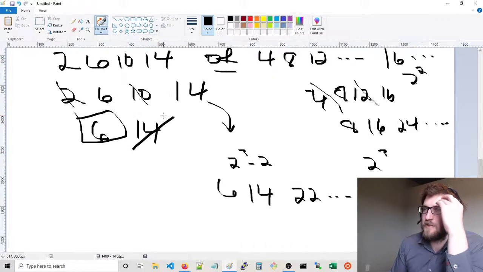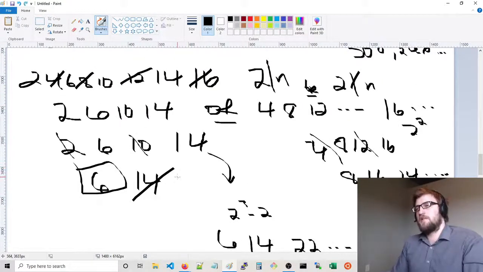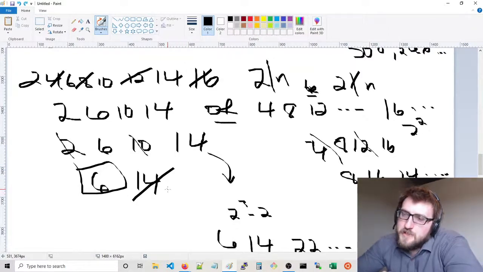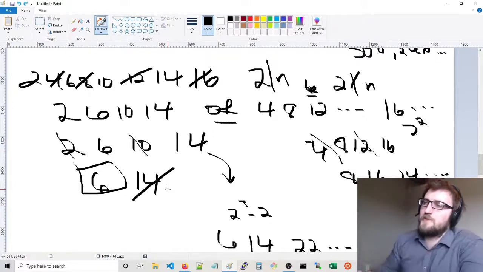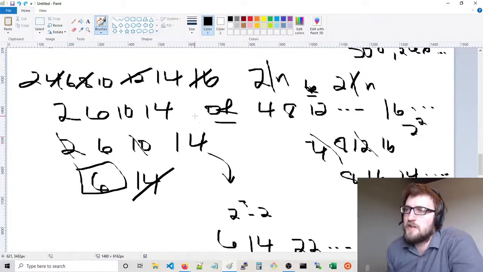And then here, if your sequence is 6, 14, and you only have one number left, it seems like each power of 2, you're going to reduce further and further, right? So in the range.